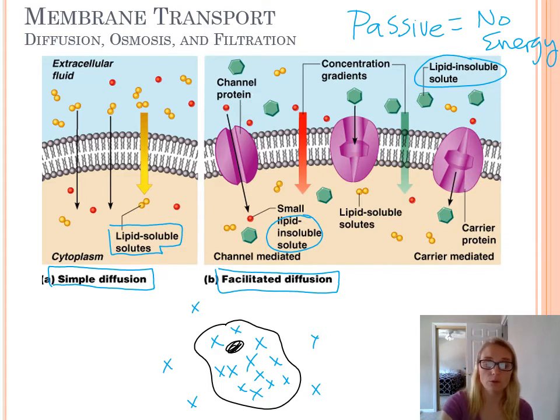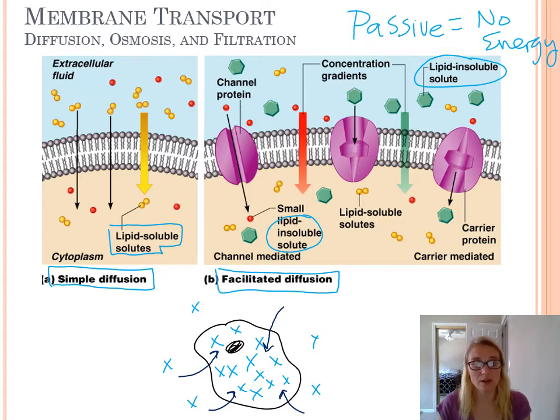So if we have a whole bunch of water out here, it's going to start moving into the cell, trying to create an equilibrium, to dilute the inside of the cell. And that's okay in some situations, especially plants, which are okay to handle that because plants have a cell wall to prevent any damage to the cell.